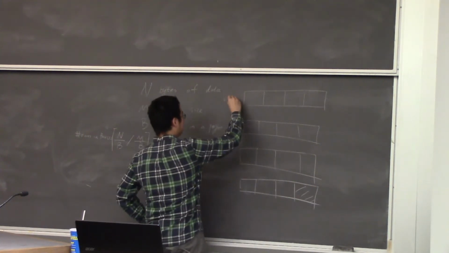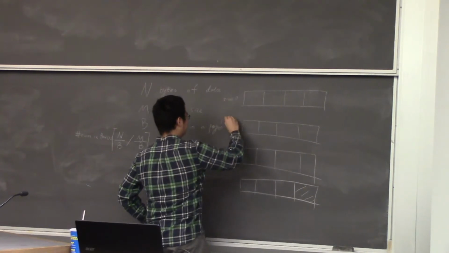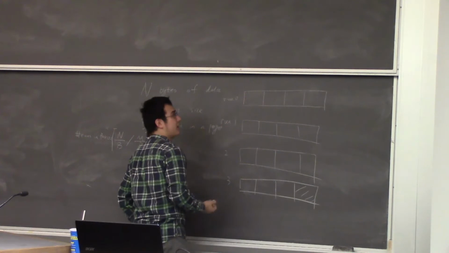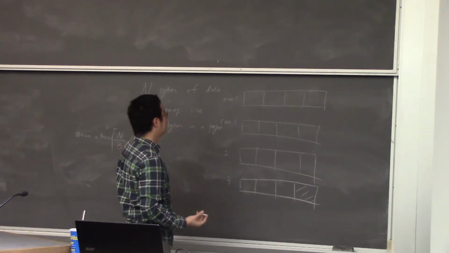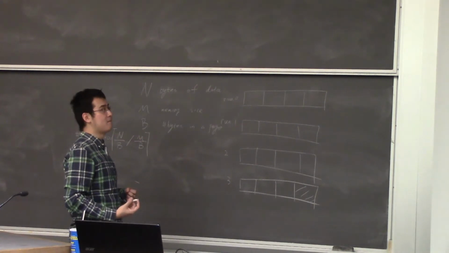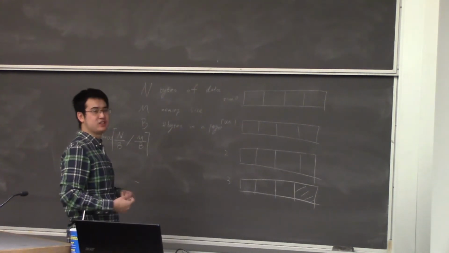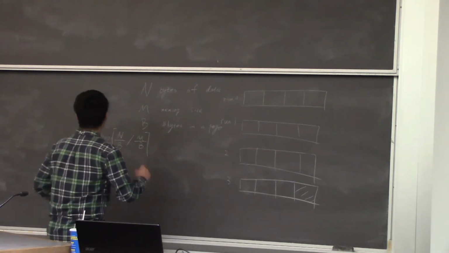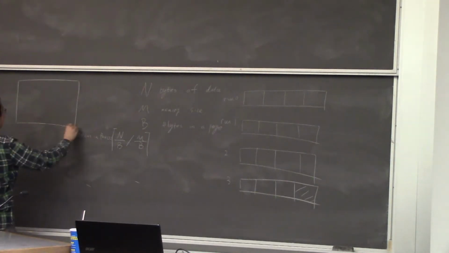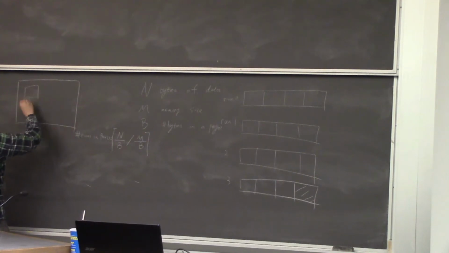So this is run 0, and runs 1, 2, and 3. And suppose we have 4 pages in the memory. So here we have a memory with 4 pages.